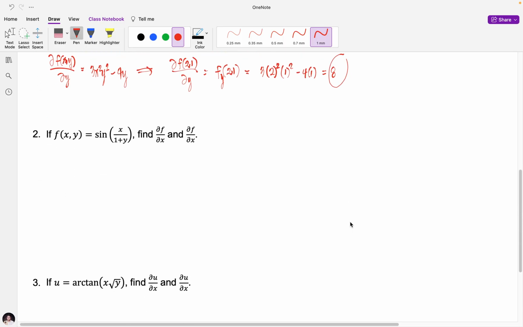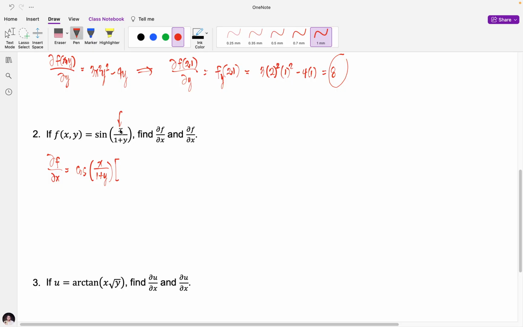Now for number 2, the same process. So we have the partial of f with respect to x is now equal to the derivative of sine, which is cosine, of x over 1 plus y. Then chain rule: the derivative of the inside, in this case 1 over 1 plus y, will be treated as a numerical coefficient.